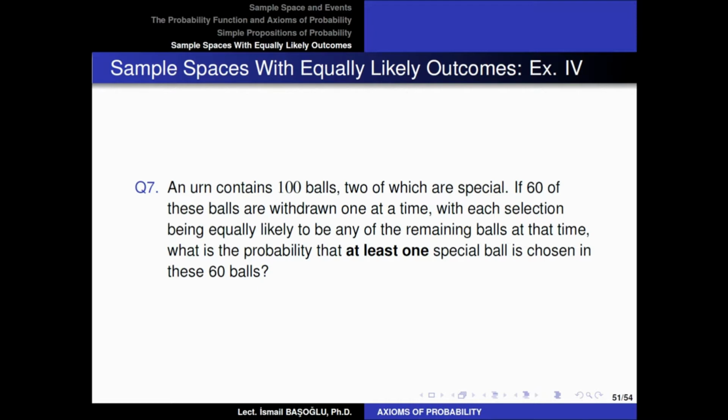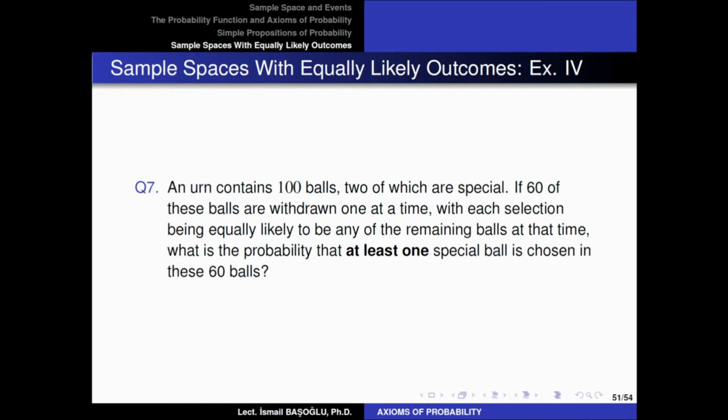The next ball is selected from the remaining balls, which means when we select a ball, we take it outside and put it aside. The next ball is going to be selected from the remaining balls in that turn. So this process is called selection without replacement, because we are not putting the previously selected balls back into that urn again.